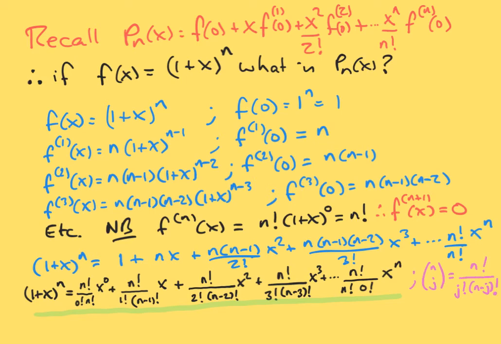So in this way, what we have obtained is from the Maclaurin expansion of 1 plus x to the n, we have obtained the binomial expansion.